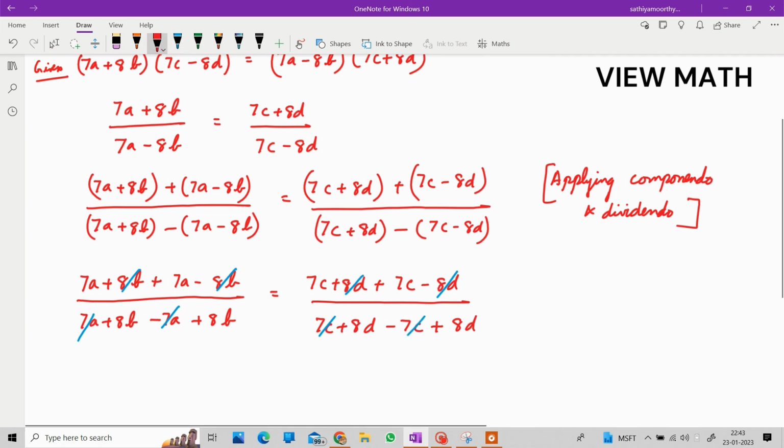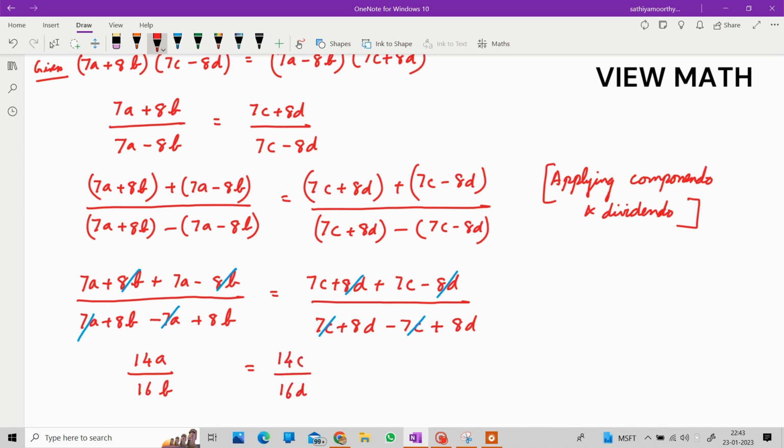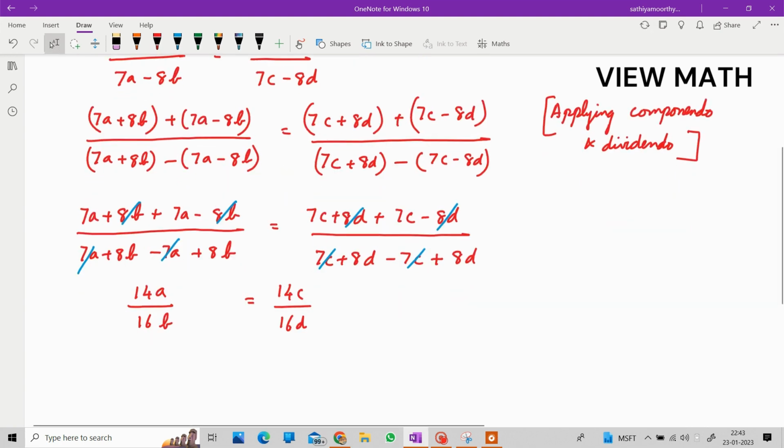So I'll be getting 7 plus 7 is 14a by the denominator 8b plus 8b, 16b. So this is equal to 7c plus 7c, that's 14c by 16d. Now on both sides 14 by 16 is common.